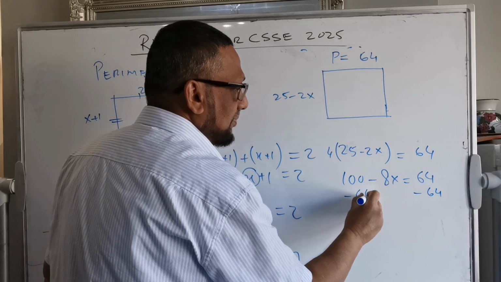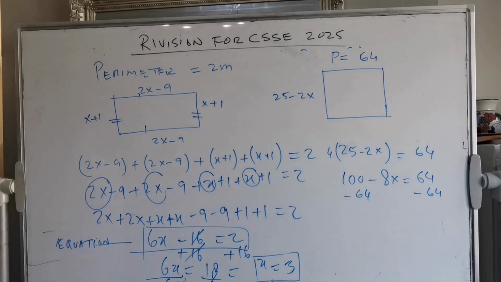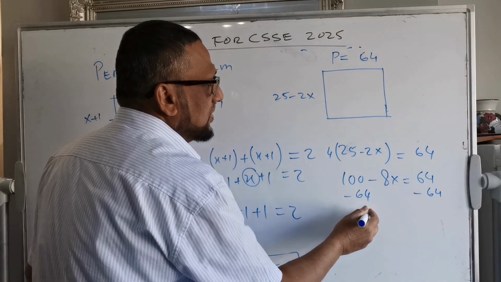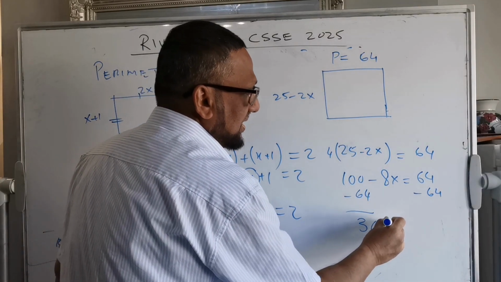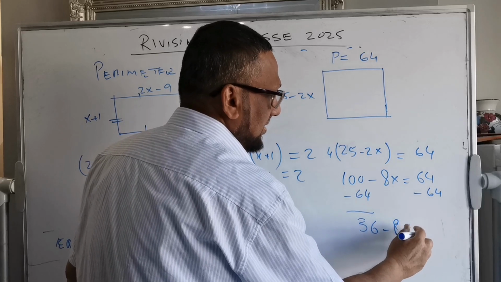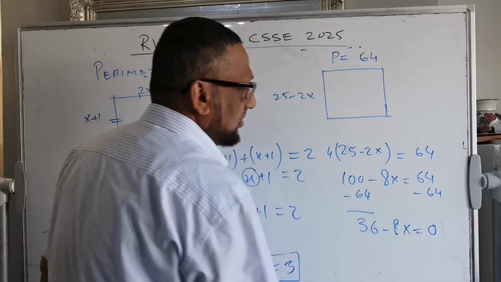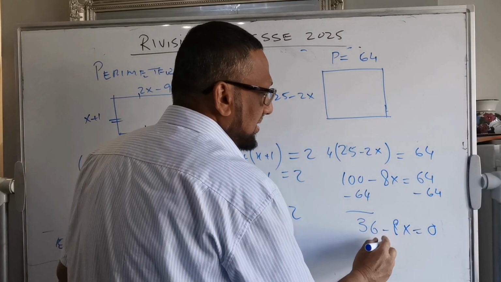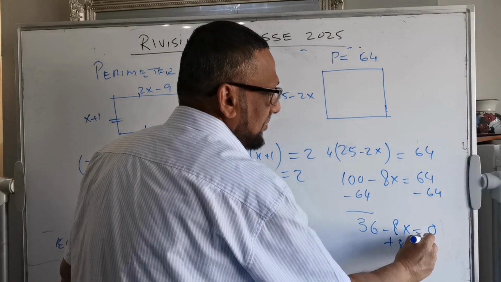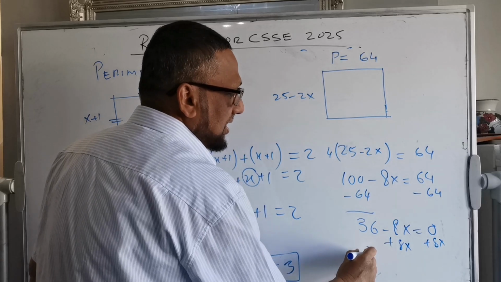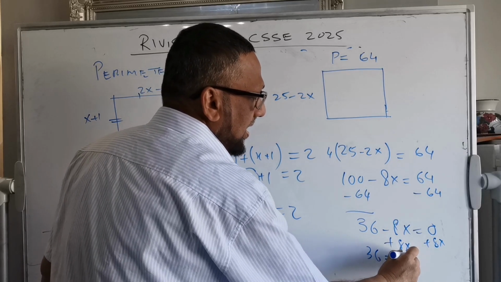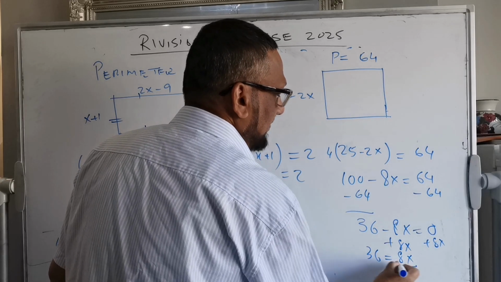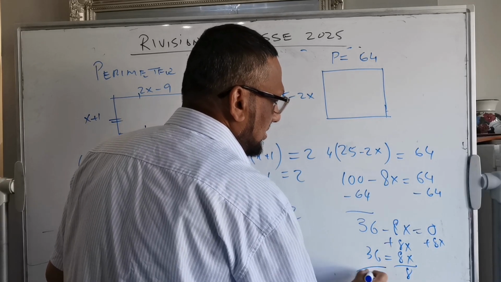If you subtract 64, you will get 36 minus 8x equals 0. This is minus 8x, so cancel by plus 8x on both sides, so 36 equals 8x. Now we're going to divide by 8 both sides.